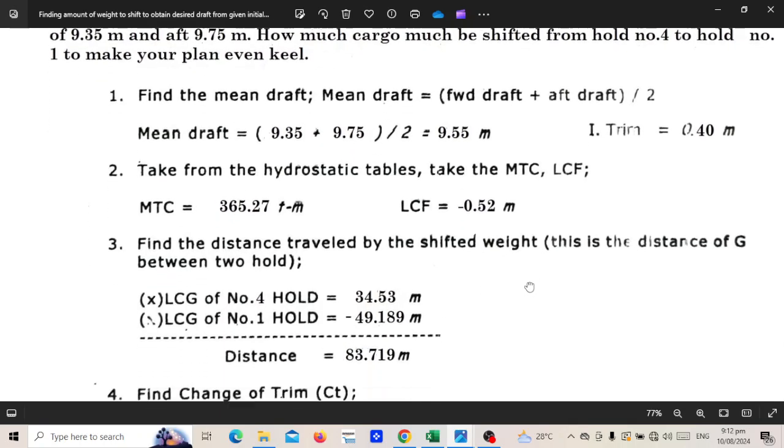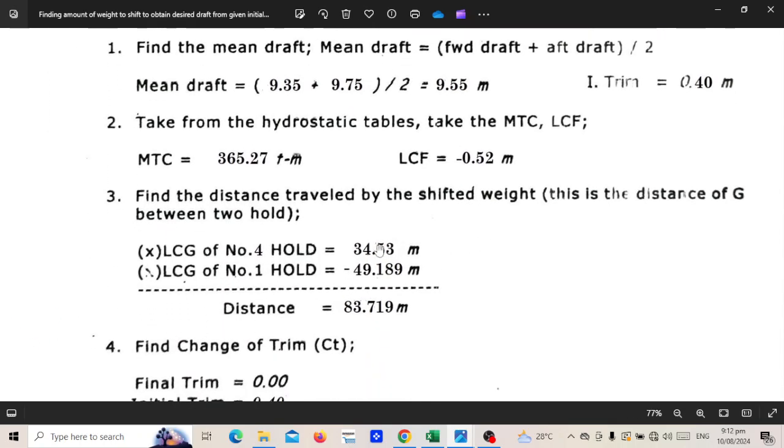Number 3. Find the distance traveled by the shifted weight. This is the distance between the two holds. Take note, guys. The LCG of hold number 4 is positive 34.53. Why positive?